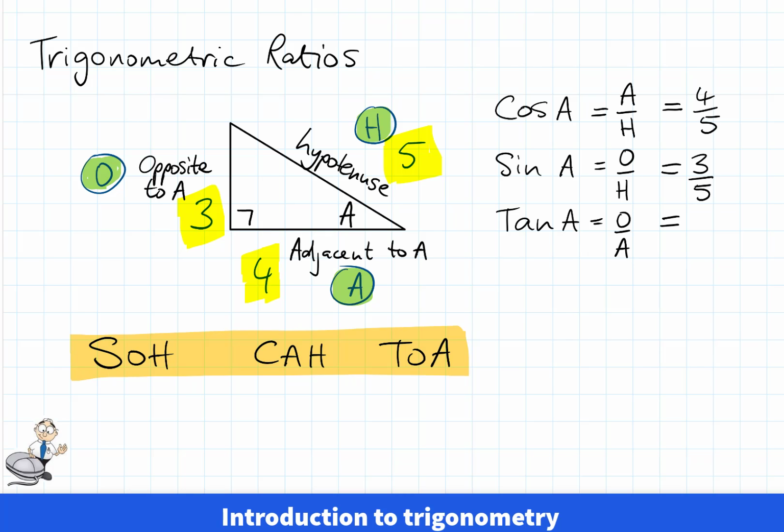And the tan of A would be opposite over adjacent, which is 3 over 4. So these are the ratios for the cosine, sine, and tan of A in the triangle I've given here. Later, we will learn how to use these ratios to work out the value of A using the calculator.